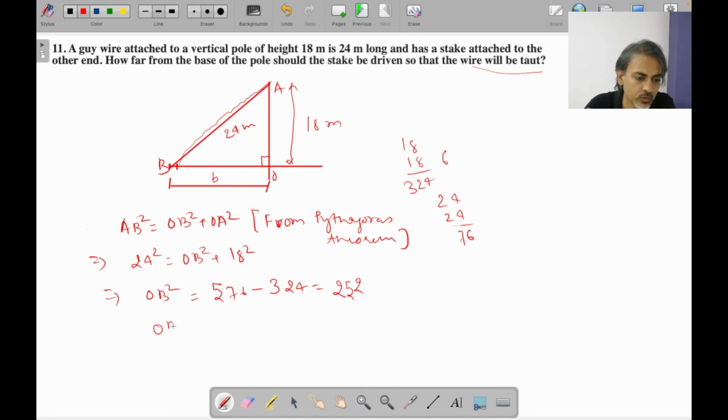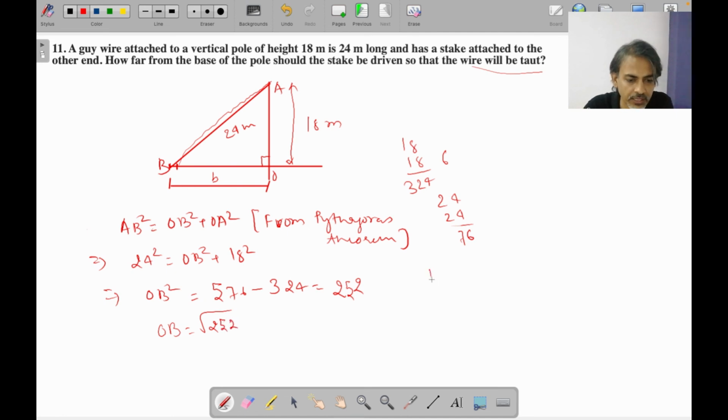So OB square is 252, and OB equals square root of 252.